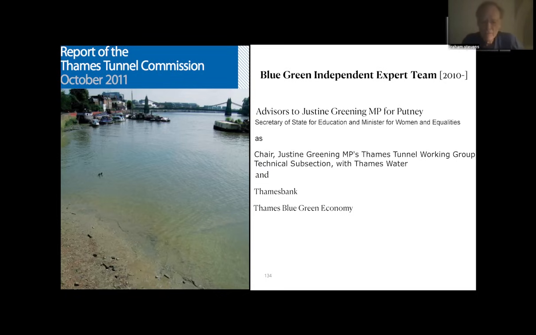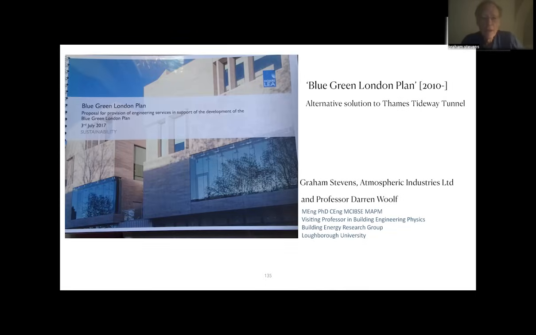But the minister went ahead and made a decision, in spite of us having an alternative blue-green plan, which we wanted to be examined with the same budget as the tunnel proposal.